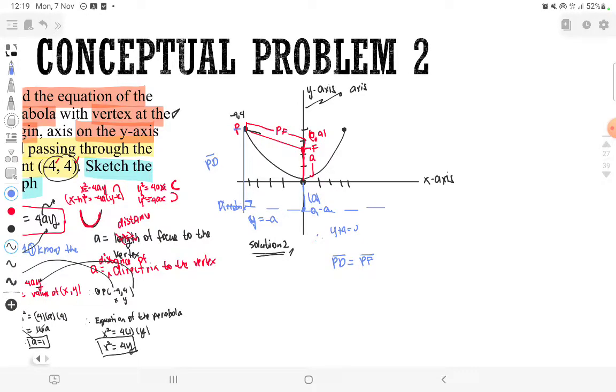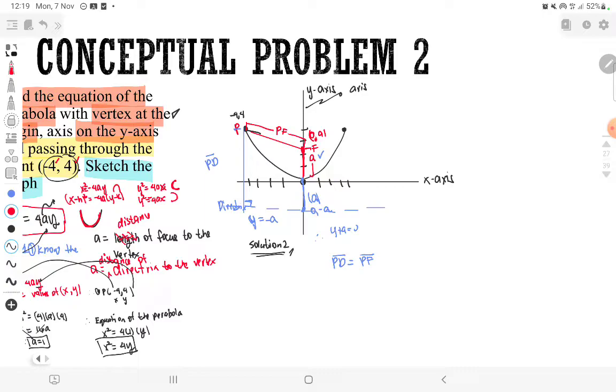That's the reason why our a from vertex to focus is equal to our a from directrix to vertex. Okay? Since PD is equal to PF, the next thing to do is finding our PF and PD.